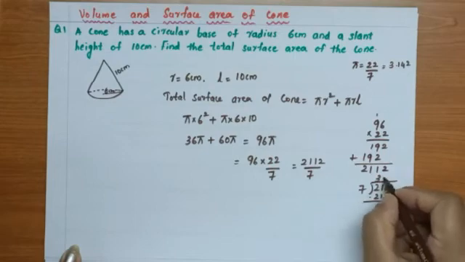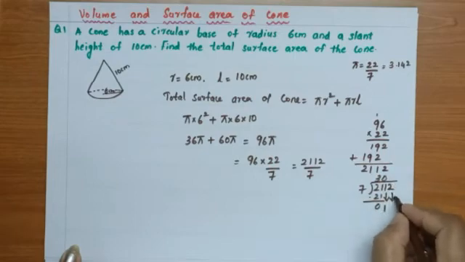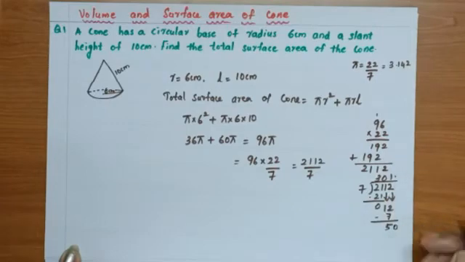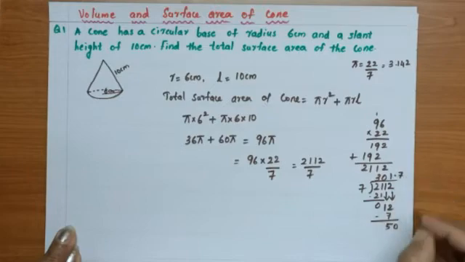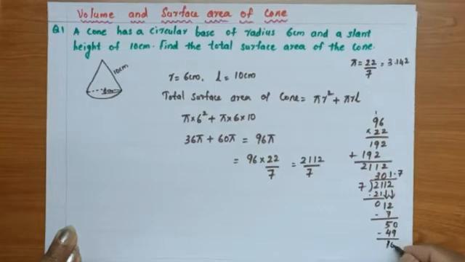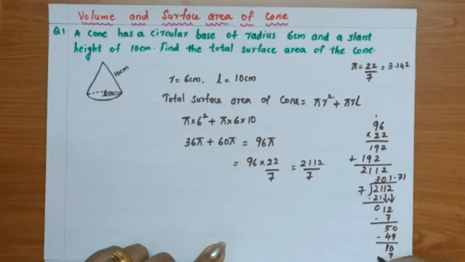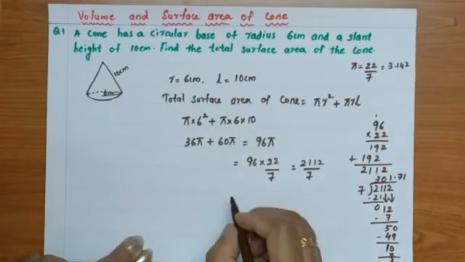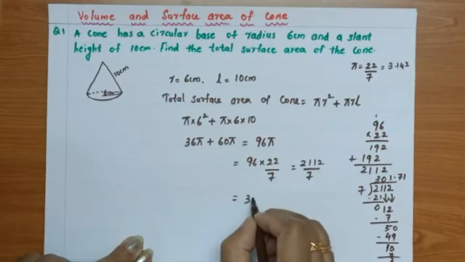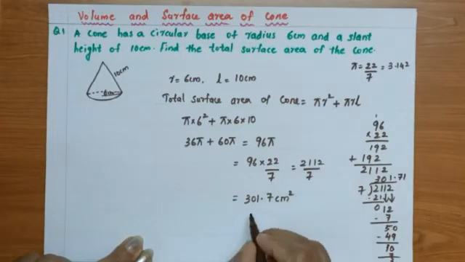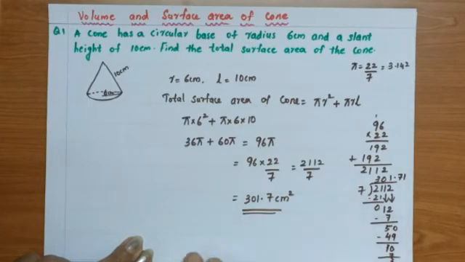When it is smaller than 7 we add 0, keep 2 down, put a point, add 0, 7 sevens are 49. It will continue like this. So we can conclude the answer is 301.7 centimeter square, because for area we have to use centimeter square.